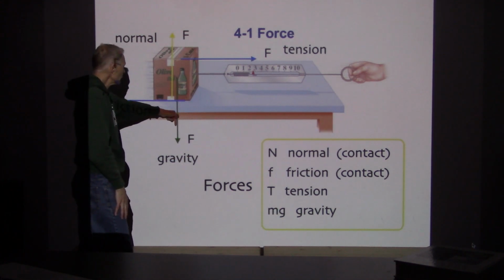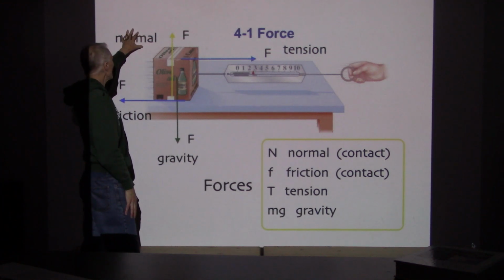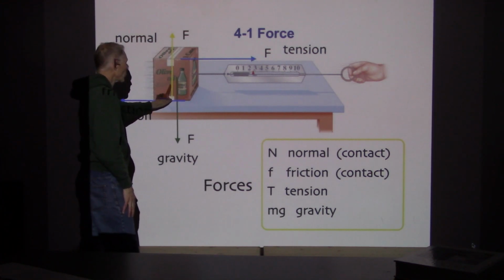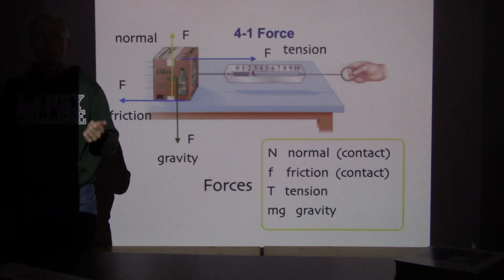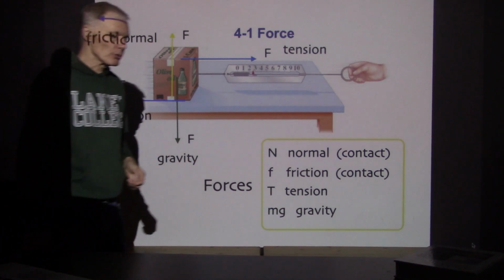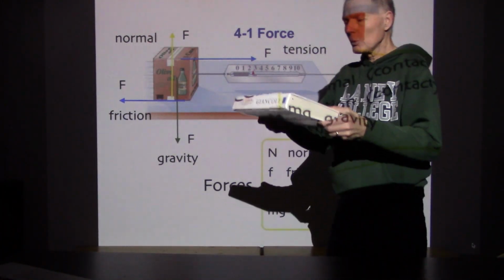I've got a gravitational force here. I've got a force upwards. Now this is a contact force, but this is specifically a contact force perpendicular to the surface. And we refer to those as normal forces. So normal in the mathematical sense, where normal means perpendicular.